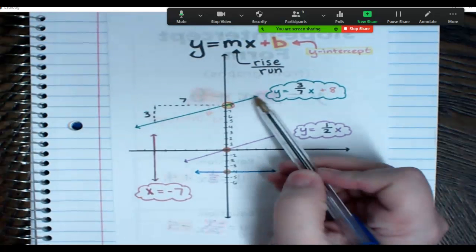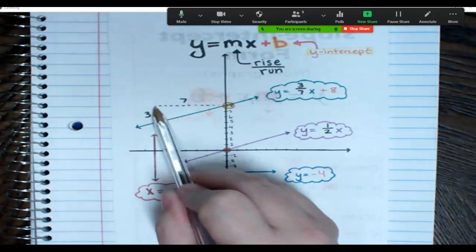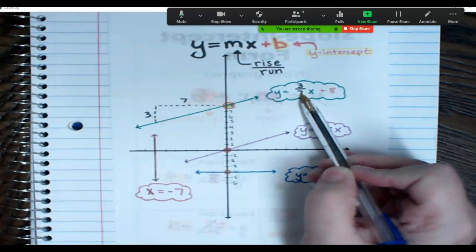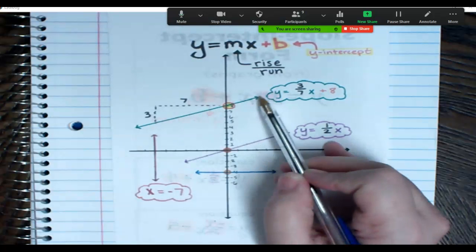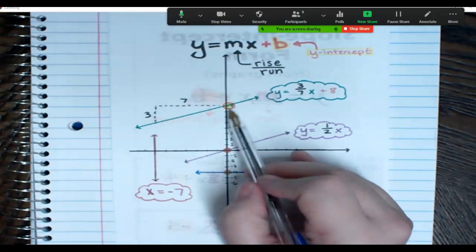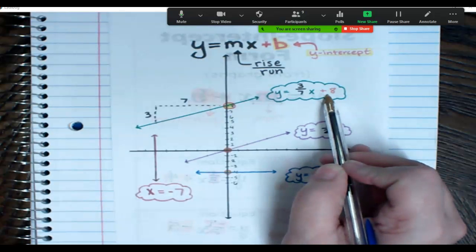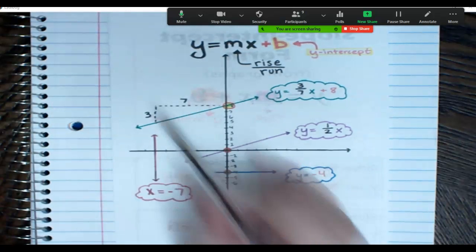The green line. The rise and the run, we see the rise is 3, the run is 7, so the slope is 3/7. Where does this cross the y-axis? At +8, right here is +8, so here we have our +8. Just kind of like what we did before, except we can see now how that relates on the graph.